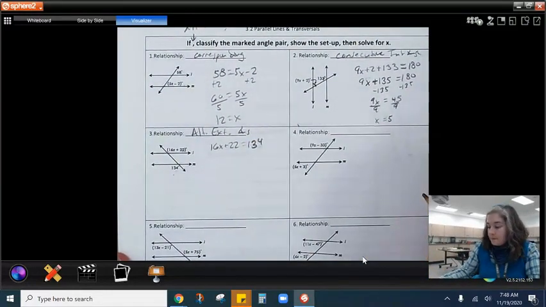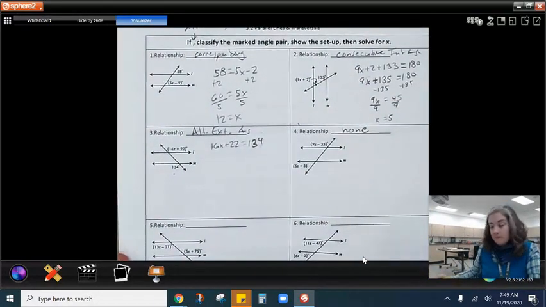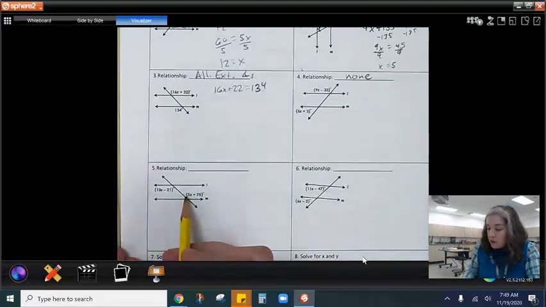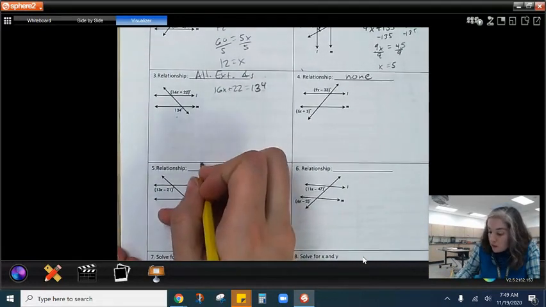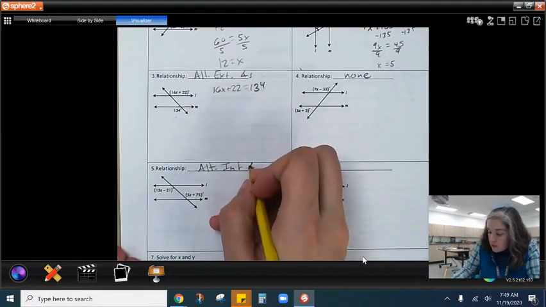All right, for this one, these actually do not have a relationship. Psyched you out. And then for this one down here, these are both on the interior, but one's on the left and one's on the right. So these are alternate interior angles.